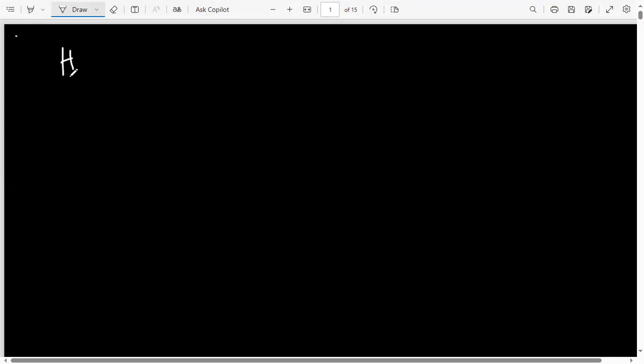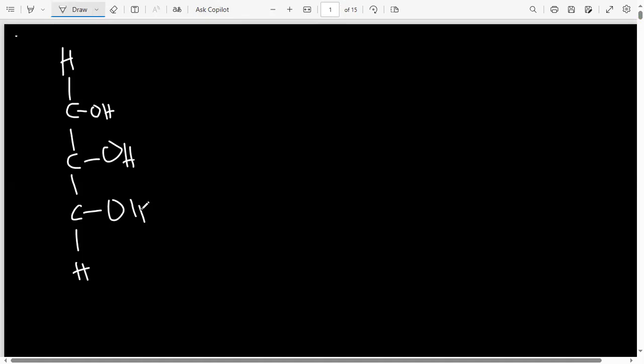So I have H there attached to a carbon, another carbon, another carbon, and then an H. Then these 3 carbons here are each attached to a hydroxyl group. So OH here, even here we have OH. Then here we have H, there we have H, even here we have H. So this is the glycerol that we are going to work with.